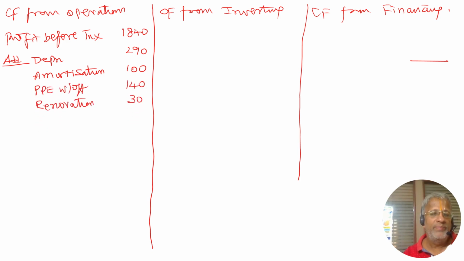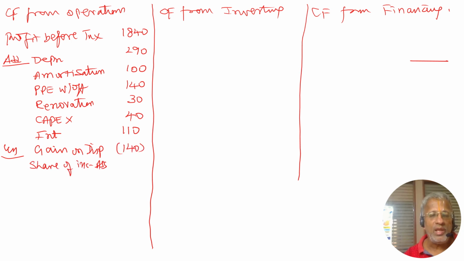Then PPE written off to the extent of 140, renovation to the extent of 30, then capex of 40 that we have to take up, interest of 110 that we have got to take up, then the gain has got to be deducted, that being 140, share of income of associate 120, which will not result in the form of inflow of cash, that we have deducted.